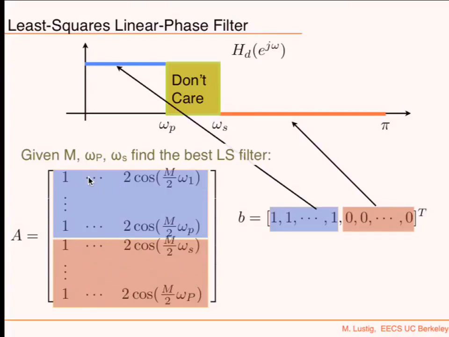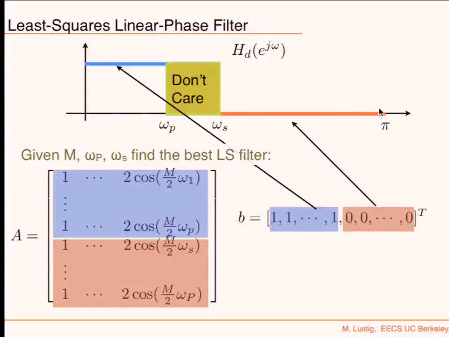And then I change the omega sub 1 all the way down to omega p, which is the end of the passband. And then I start with omega sub s, which evaluates the frequency response over here, all the way to the last point.